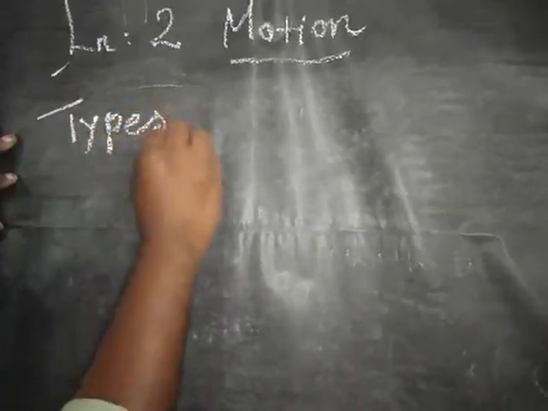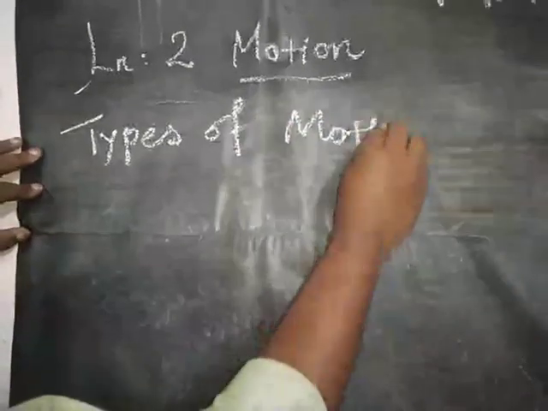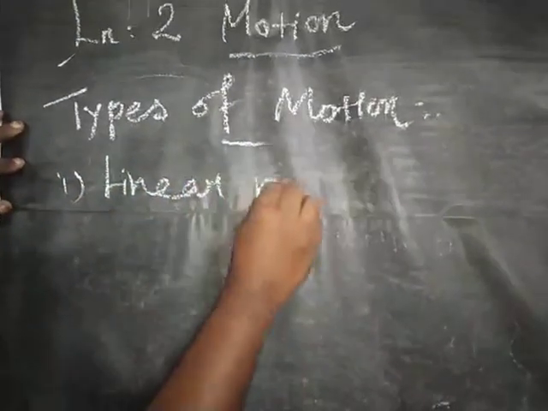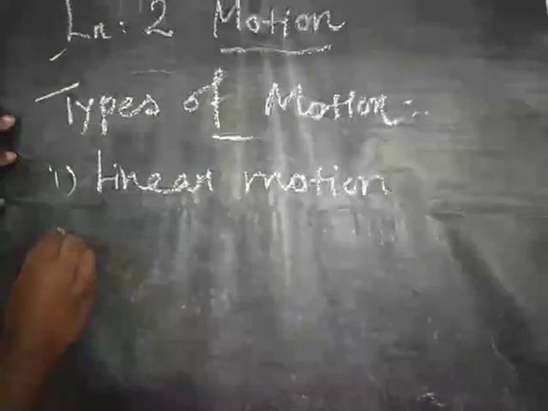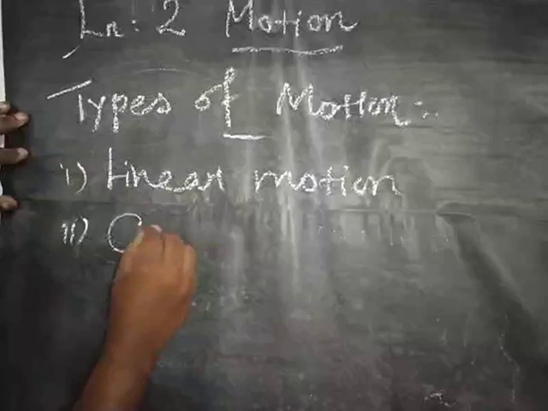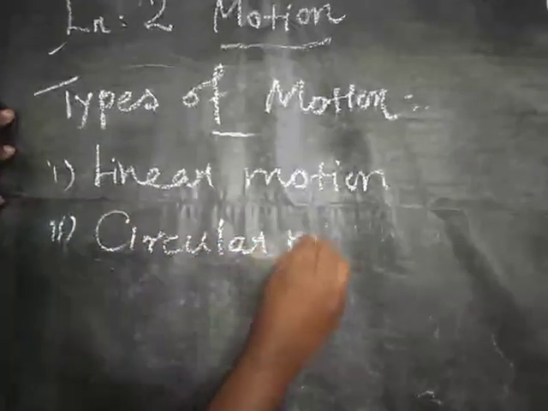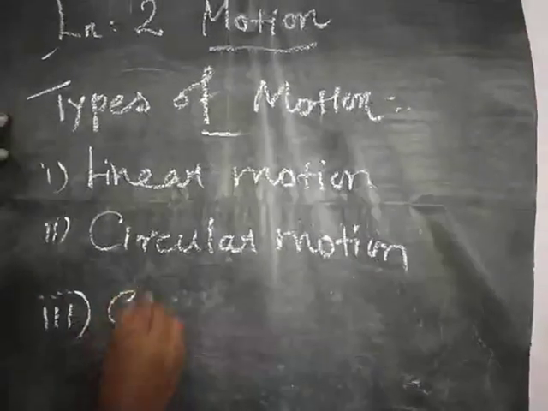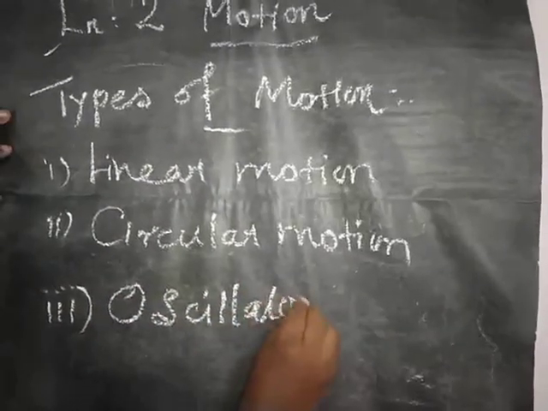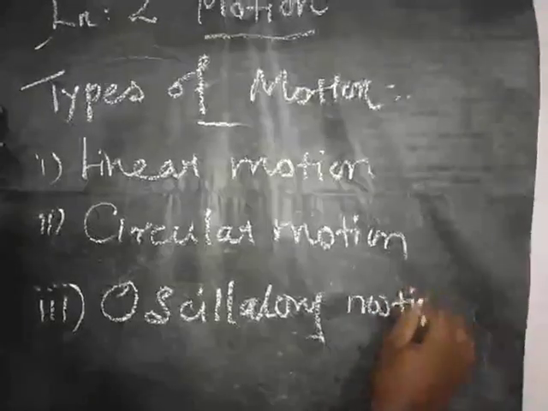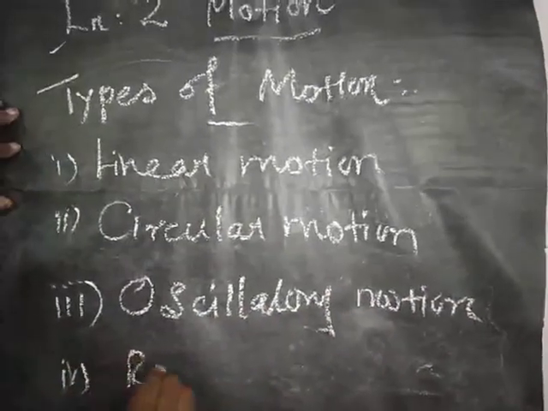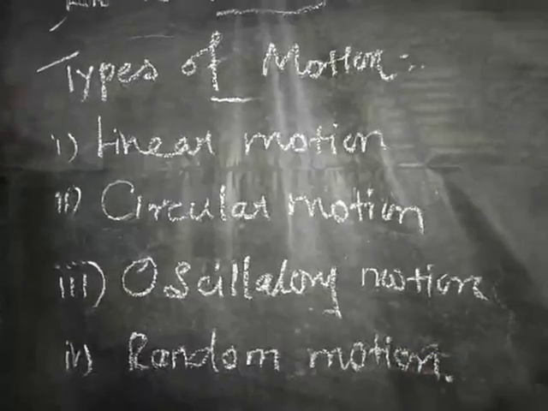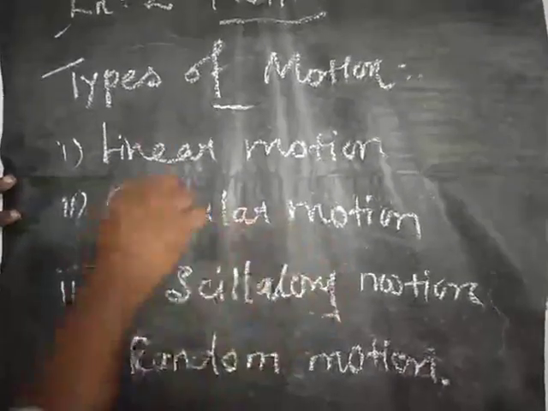Types of motion. First one, linear motion.